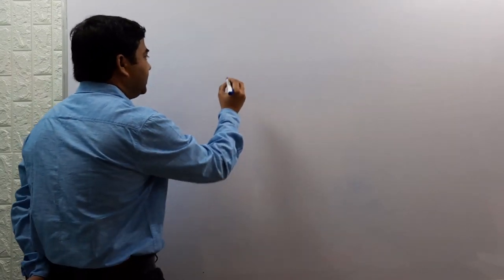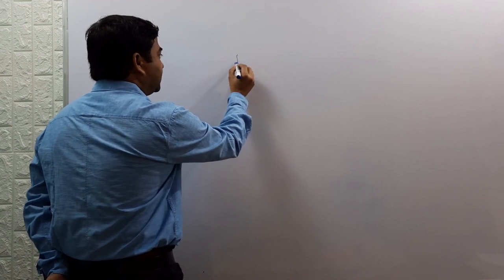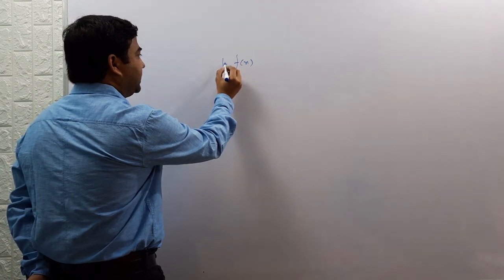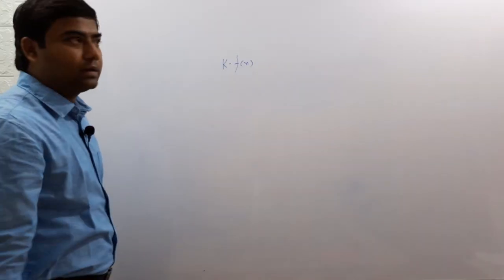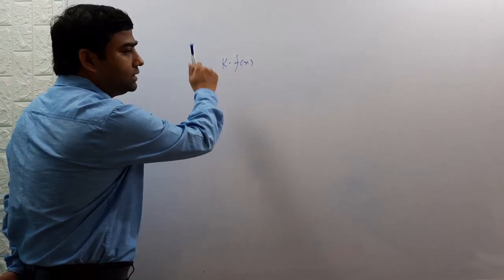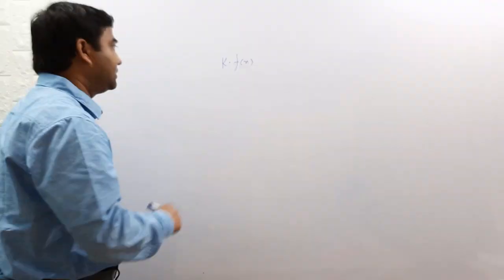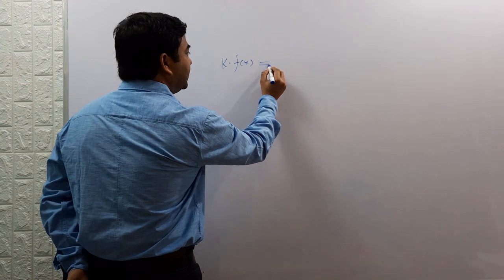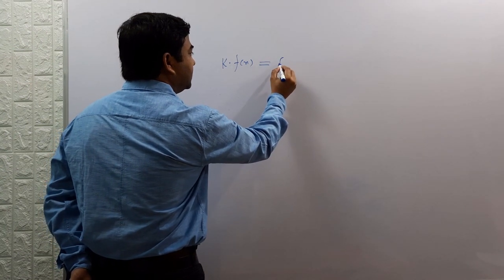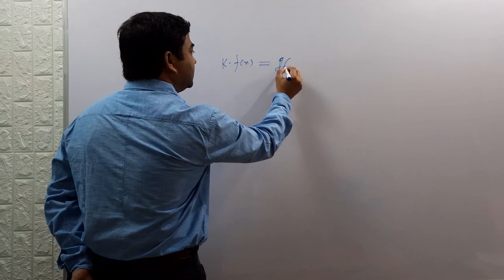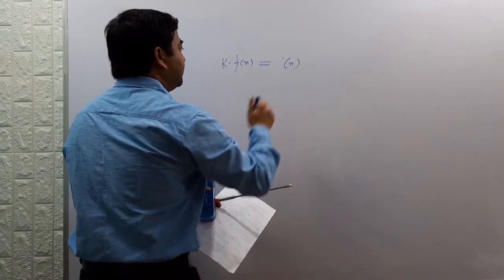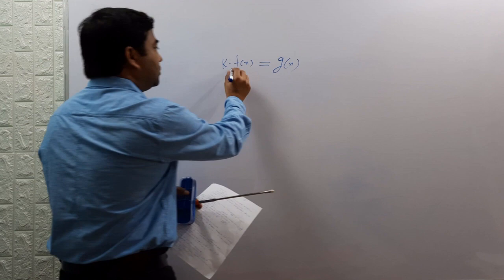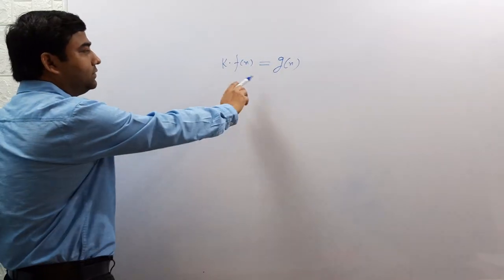See, multiplication of a function with a constant k. You can simply multiply k with a function. That is the multiplication rule, and it will be a different function, you can call it g(x). By multiplying a function with a constant, you get a different function.